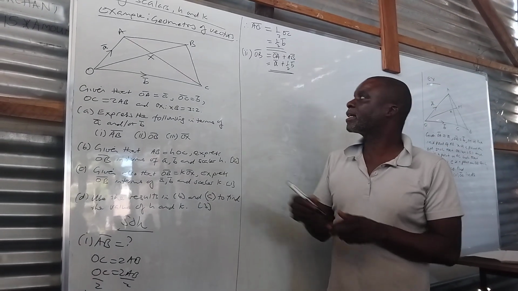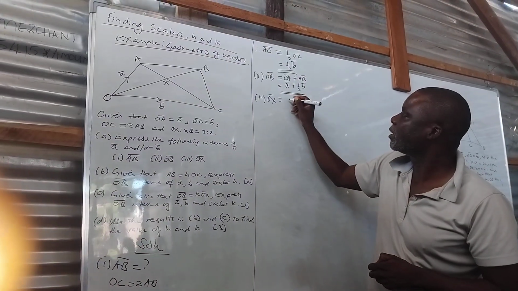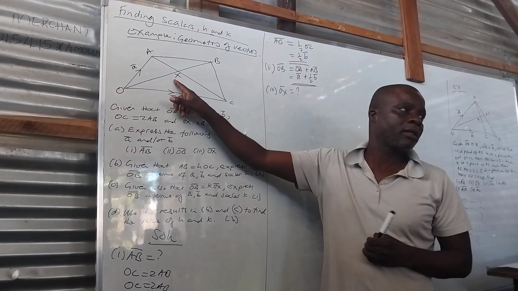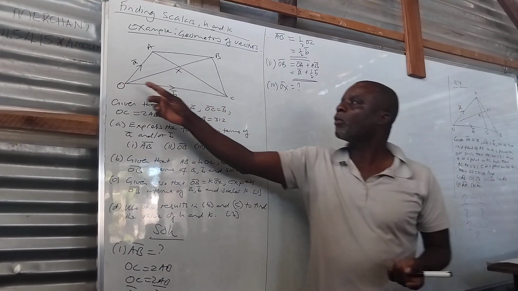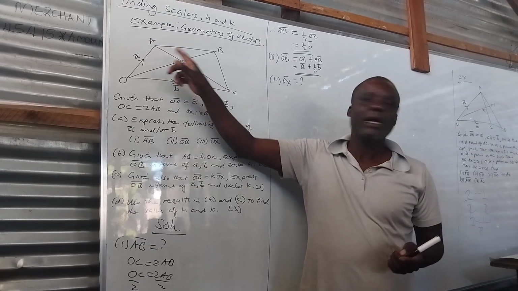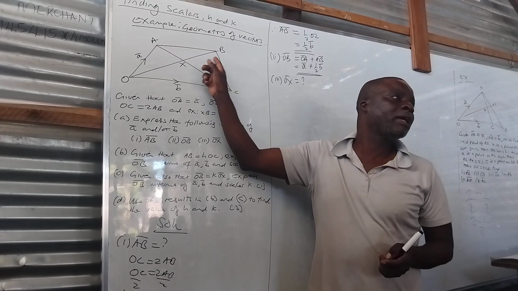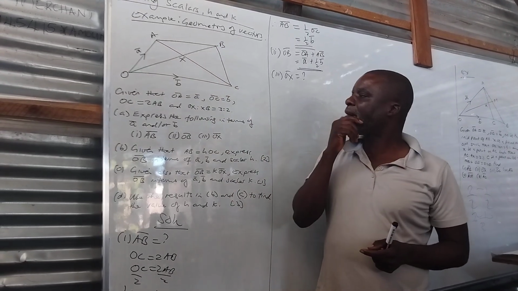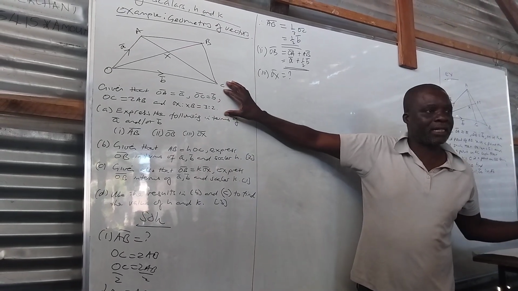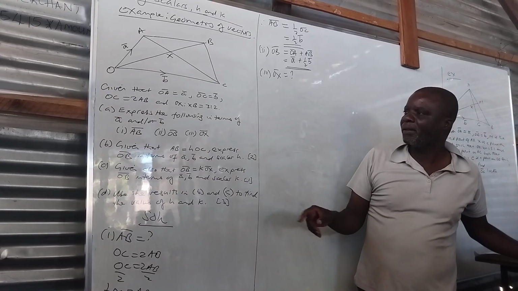Then vector OX, item 3. From O to X, I can say OA then AX, but we don't have that. Whenever you are given data, look for information regarding OX.